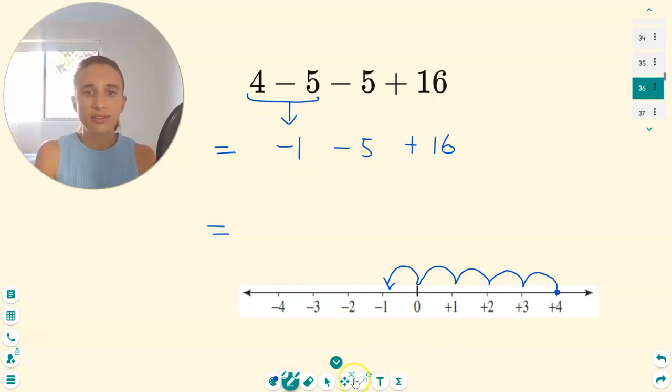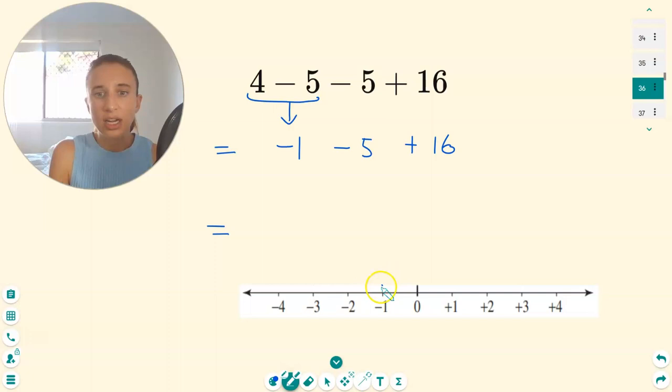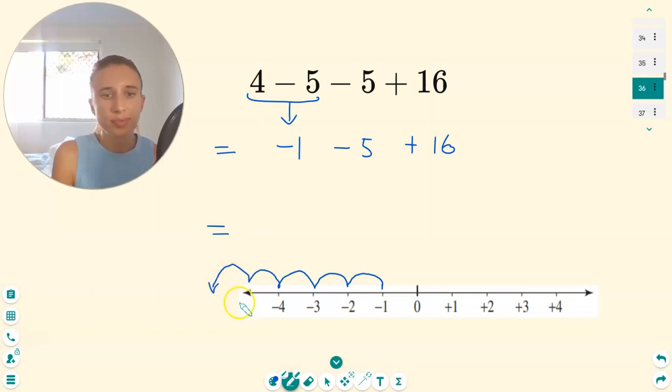-1 take 5. Let's try that on the number line. So starting at -1, we are taking away, so we're moving left. -1 take 5. So 1, 2, 3, 4, 5. And that gets me to -6.